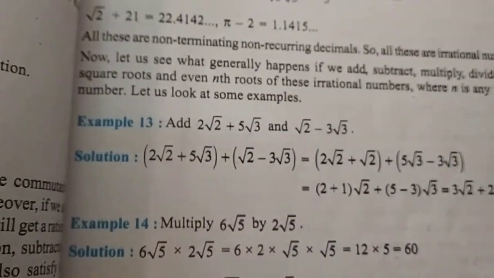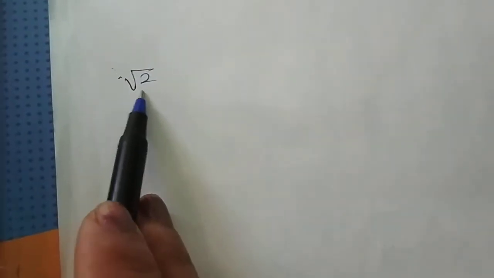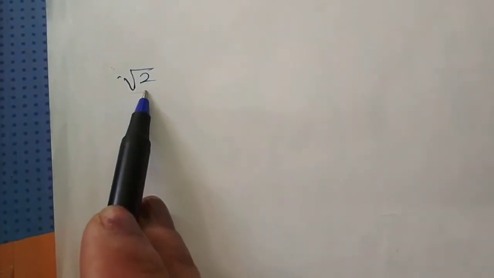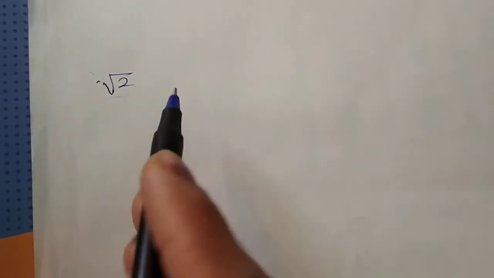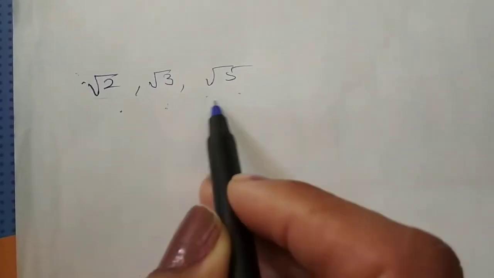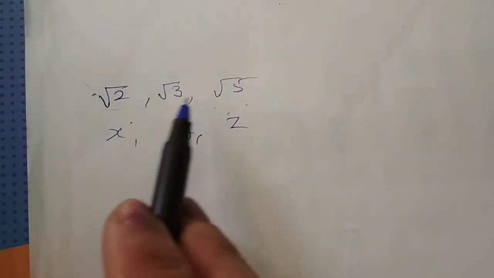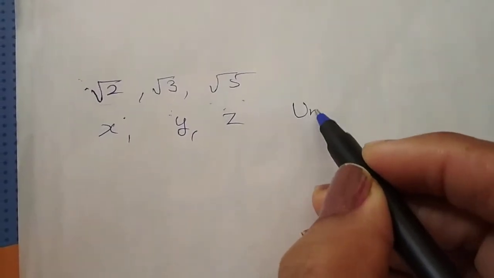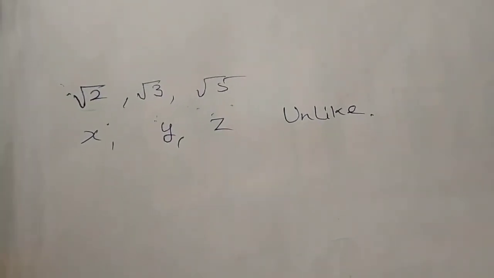First thing I want to make clear, always try to understand that square root numbers you can treat as variables. As if you have under root 2, under root 3, under root 5, they are all different terms, like x, y, z. You can say they are all unlike terms because they are all different variables.